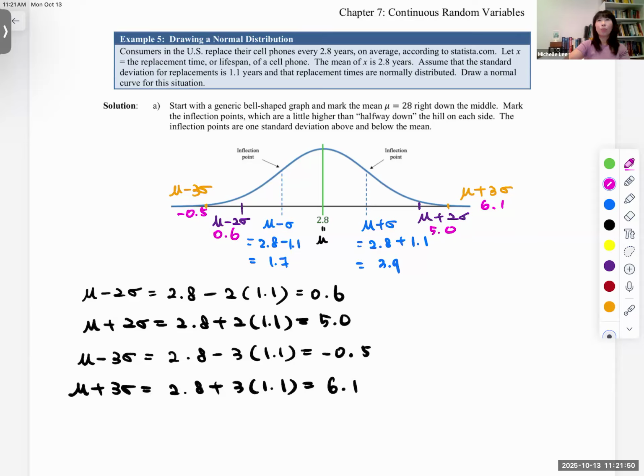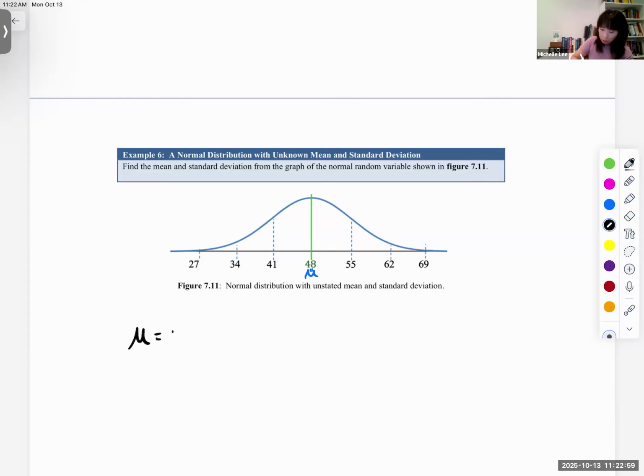All right. So we have this example. Find the mean and standard deviation, right? So we knew this is the mean, so the mean is equal to 48. What about the standard deviation?